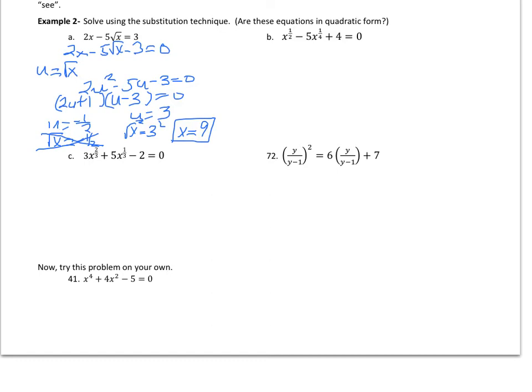All right. So part B. What's u going to be here? X to the 1/4. Good. So again we get u squared minus 5u plus 4 equals 0.